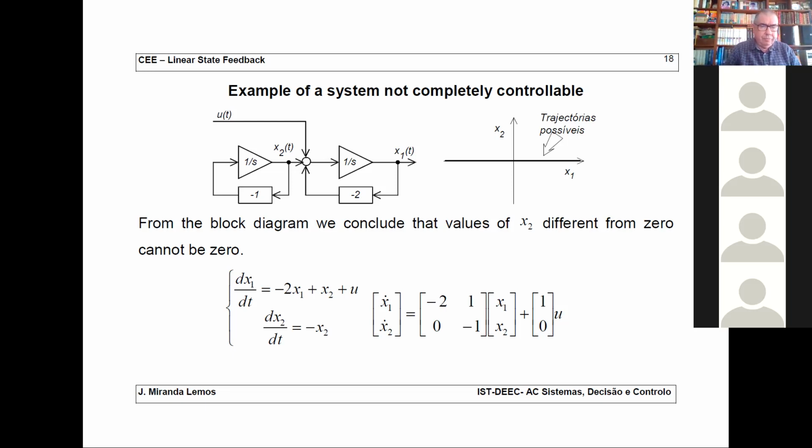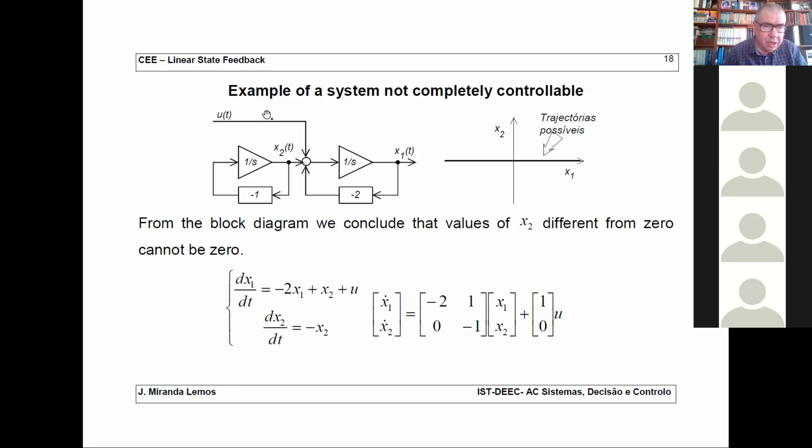So, any thoughts? Think of the definition. By starting from 0, 0, you should be able to attain any point in state space by manipulating the input.